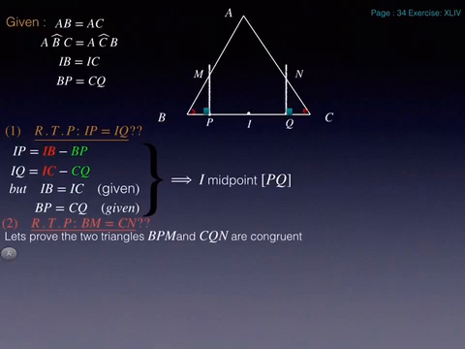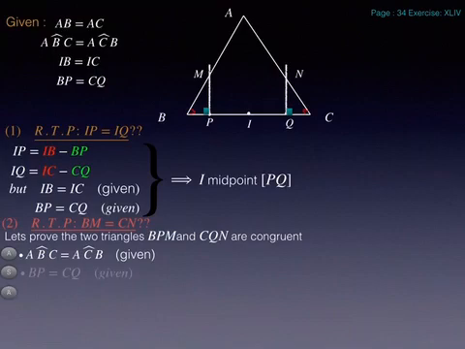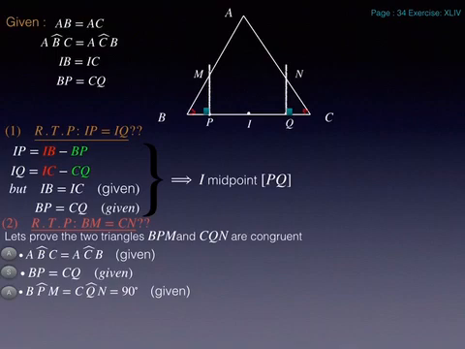and then using the corresponding elements, or the homologous elements, we can say that these two sides are equal. So first of all, we have the two angles ABC and ACB are equal, given. Also, we have that BP is equal to CQ, the two sides, given also. And we have that the two angles BPM and CQN are equal to 90 degrees because of the perpendicular drawn from P to BC and the perpendicular drawn from Q to BC.